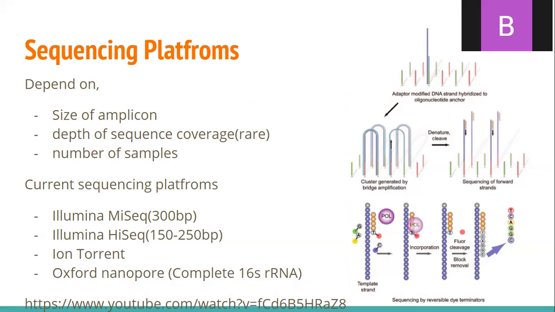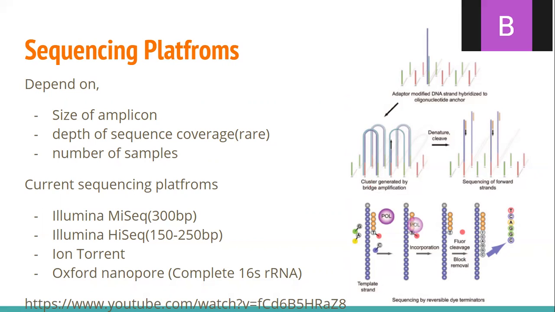What is Illumina sequencing? The primer that we are going to use is attached with adapters at the ends. Then these primers are complementary to an array, and in this array there are fluorescently tagged nucleotides. These fluorescently tagged nucleotides match with the polymerase reaction one by one, and at each match they shine.